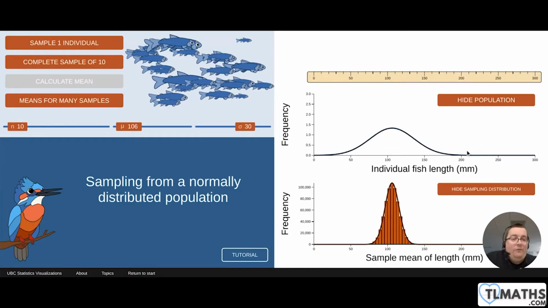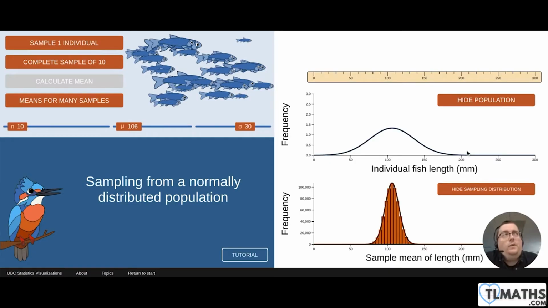But the key difference is that it's thinner. Okay, so why is it thinner? That is the next question. Why would the means of the samples be more consistent than the original data? Okay, now why would that be the case?